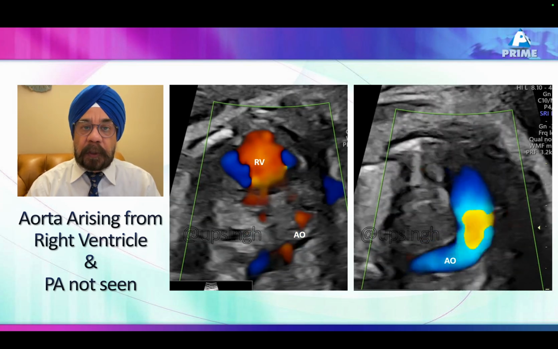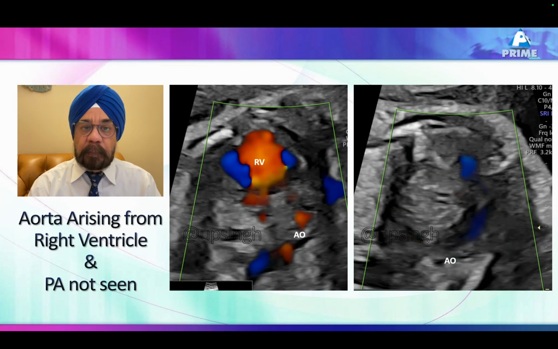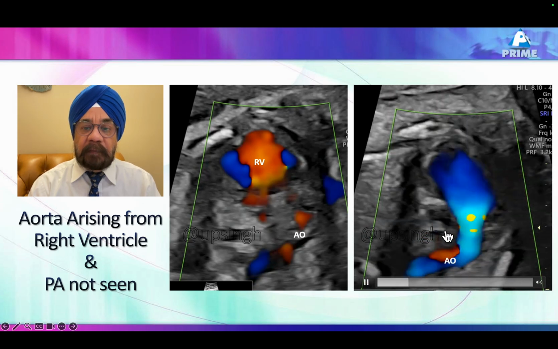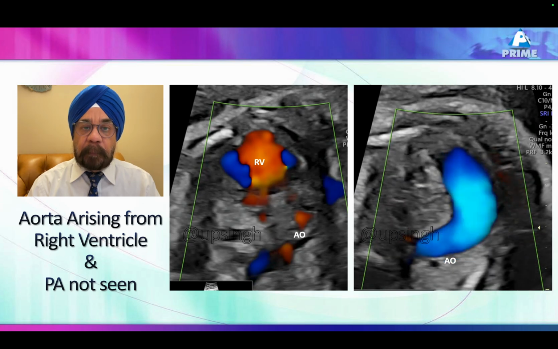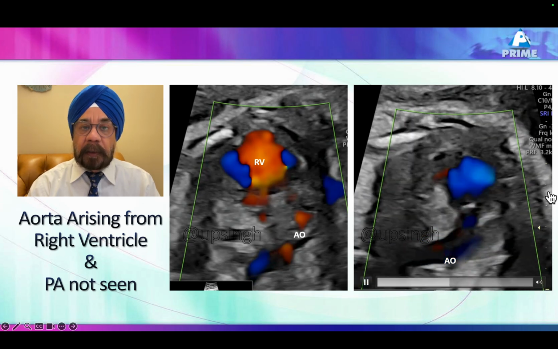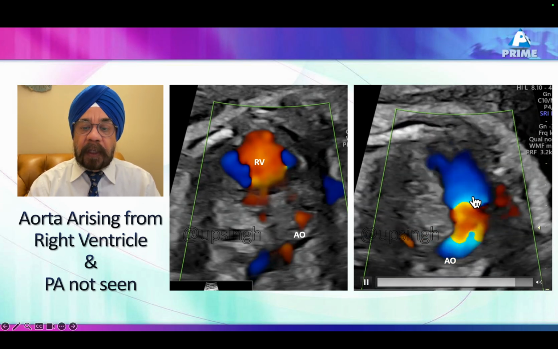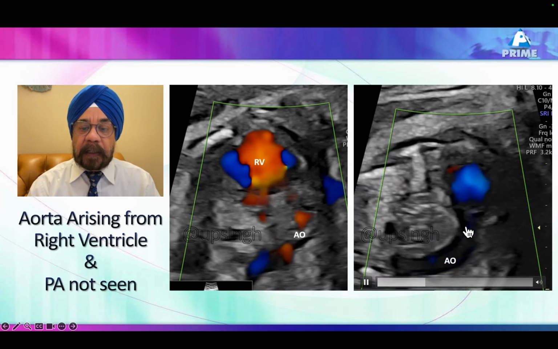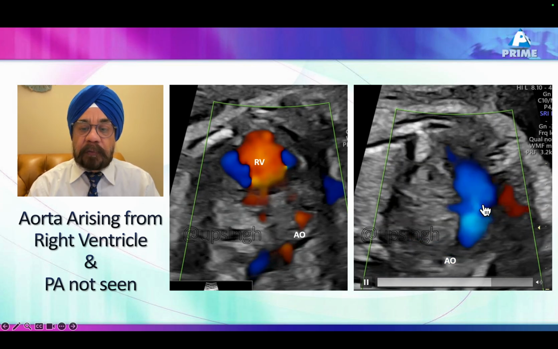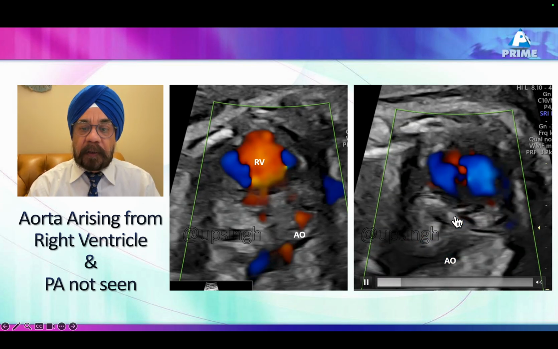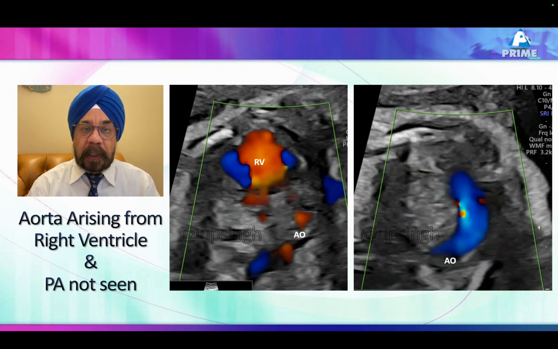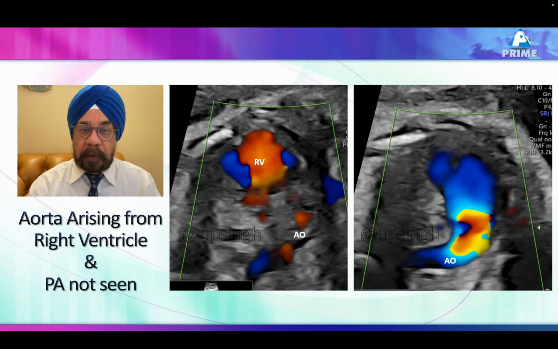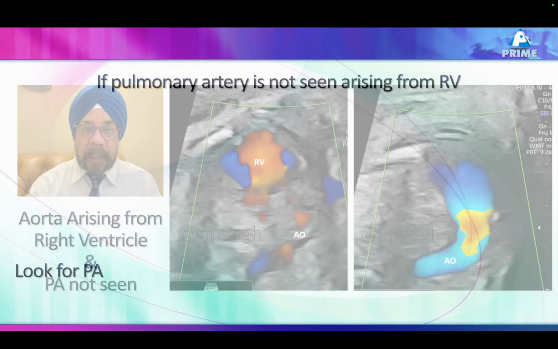We don't see a pulmonary artery because this is just a single vessel coming out of the right ventricle, which was in fact a double inlet right ventricle. So this aorta is arching towards the neck vessels. These are the neck vessels you see, and this is the aorta, and you don't see any sign of a pulmonary artery. What should we do next?